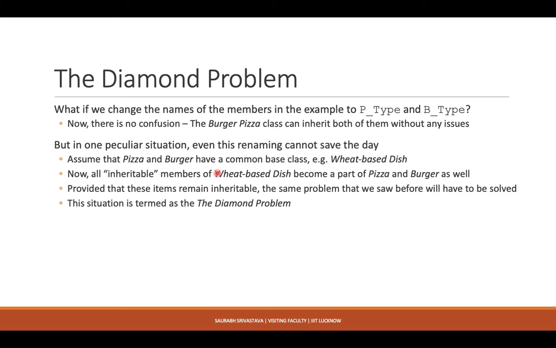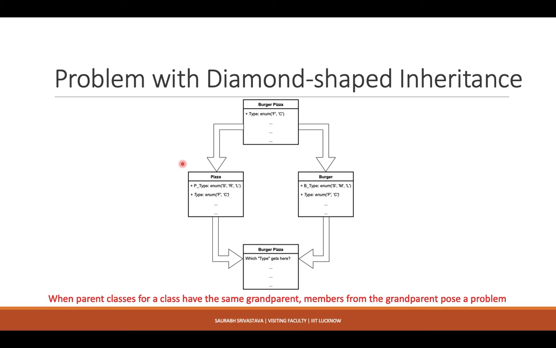So let's say wheat based dish is the ultimate base class, from where there are two derived classes, pizza and burger. And then burger pizza inherits these two as its base classes. So essentially what you see is something on the top, two classes in the middle, and then one more at the bottom. It looks similar to a diamond. That is why it is called the diamond problem.